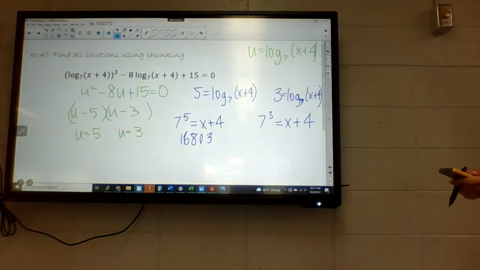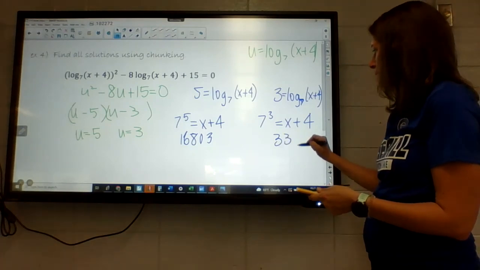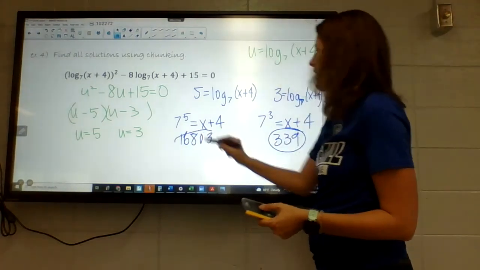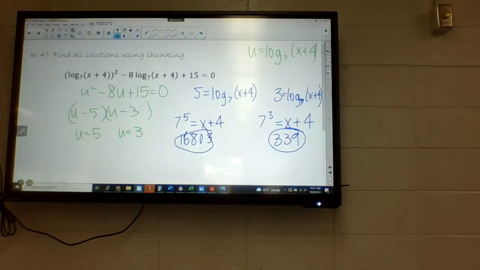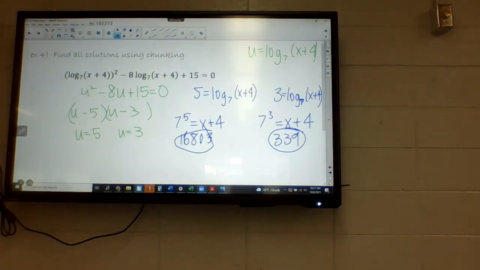And then 7 to the 3rd, minus 4. Like I said, had you not realized that chunking was a thing, this problem would have looked like, what in the world is she doing to us? That's terrible. But once you look at it as a u, it literally looks a lot better.